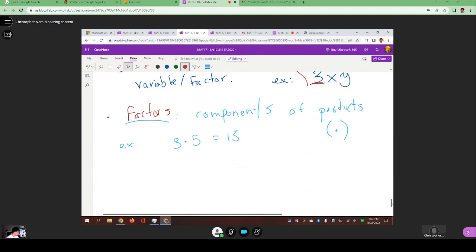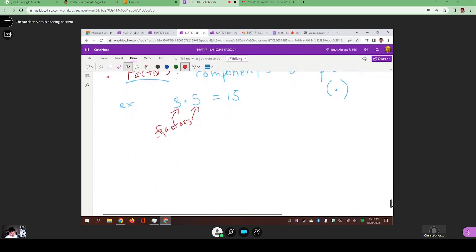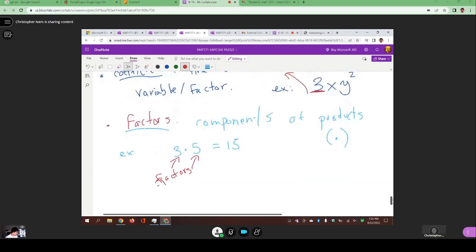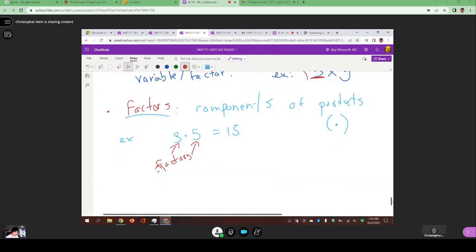Your factors are these two factors. These are your factors of 15. Now, there are other factors of 15, but in this example, 3 and 5 are your factors. Of course, there's also 1 and 15, but I expressed it as 3 and 5. Now, your factors are going to make up the term. These guys make up a term.